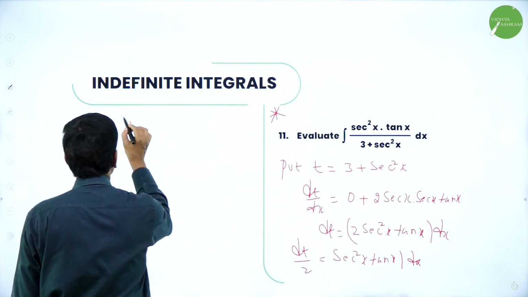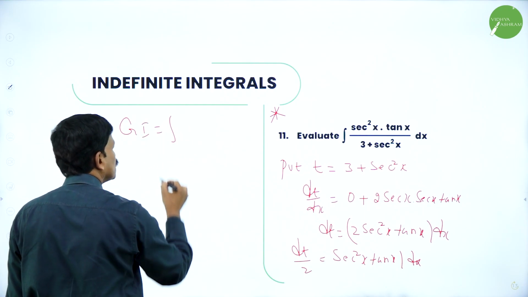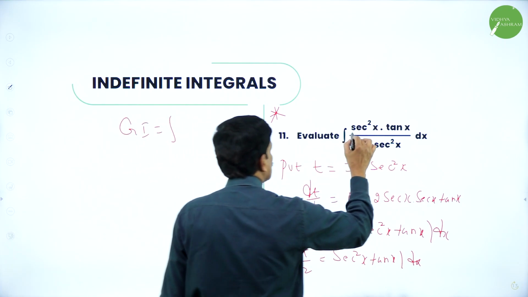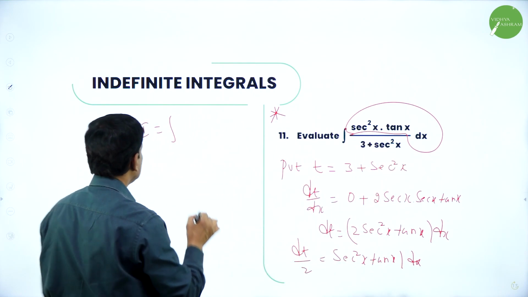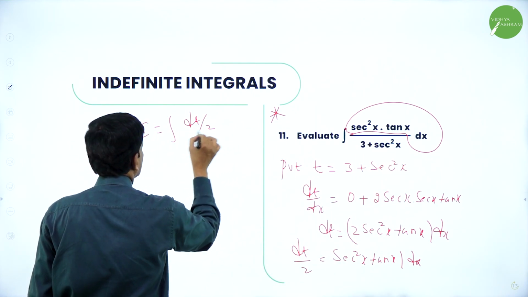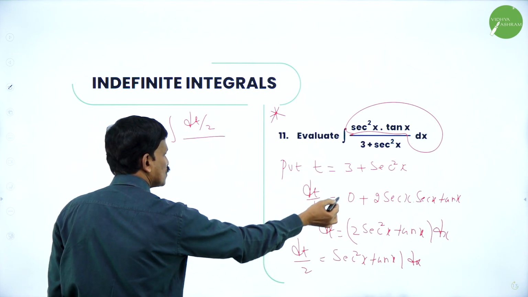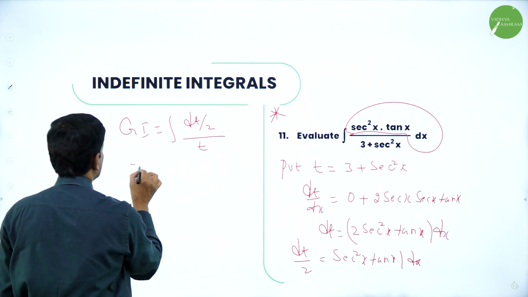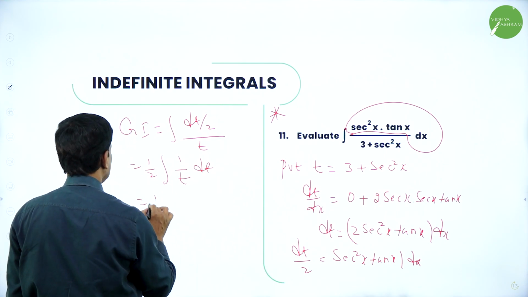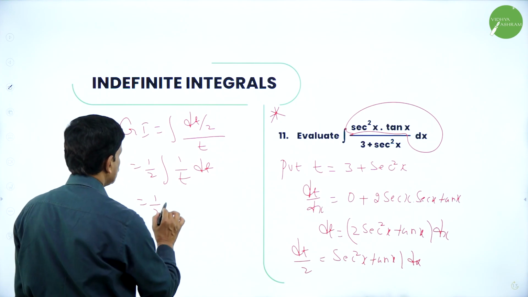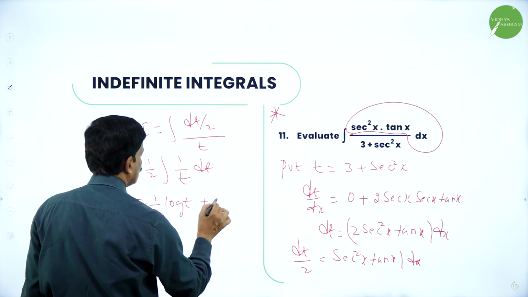So, this given integral becomes integral of secant square x tan x dx, this entire quantity secant square x tan x dx is equal to dt by 2, whole divided by 3 plus secant square x, which is nothing but t. So, you can take 1 by 2 out, then this can be written as 1 over t dt: 1 over 2 into integration of 1 over t, which is log t plus c.